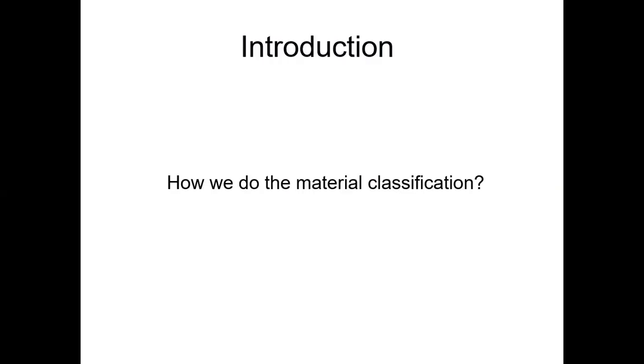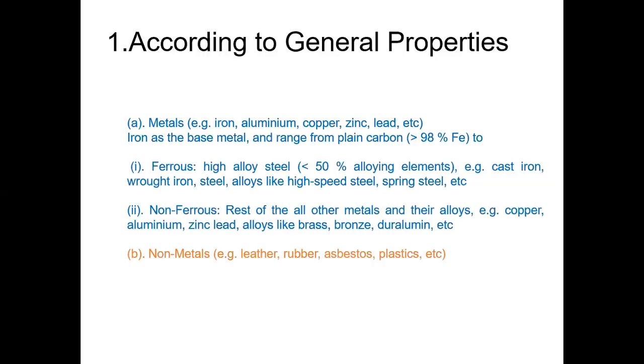We'll see, right? There's one common way we can classify the material according to its general properties. We can say it's a metal or a non-metal. If it is a metal, for example, iron, aluminium, copper, zinc, lead, all those are metals, right?